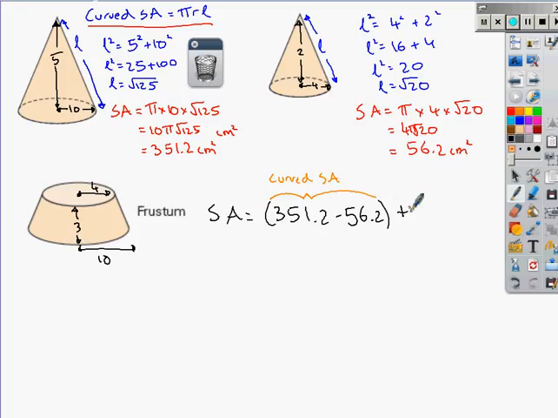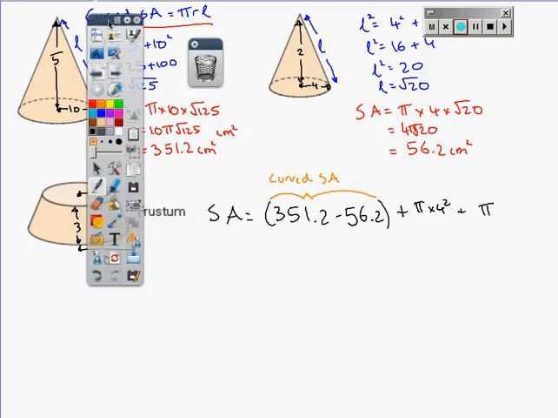Plus we need to add the circle at the top, so that's plus pi times 4 squared, plus the circle at the bottom, so that's plus pi times 10 squared. So again, if we just annotate that, that's the top circle, and that's my bottom circle.